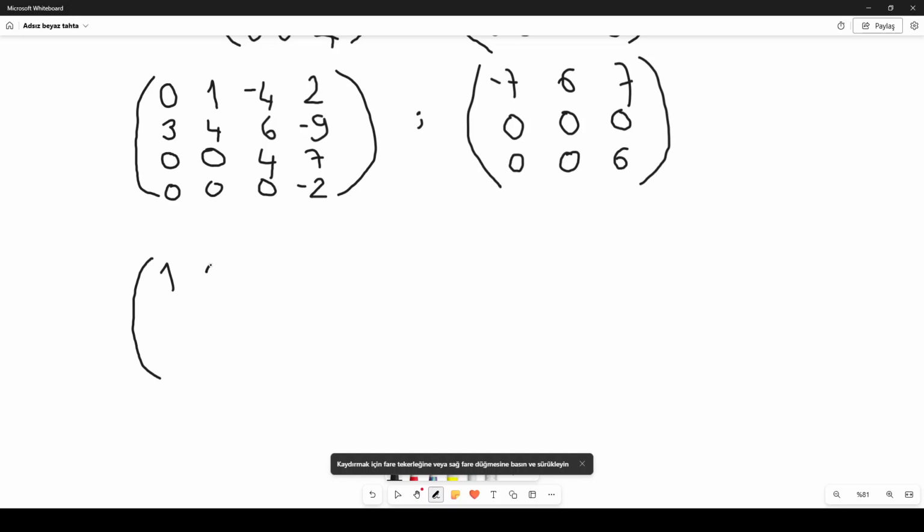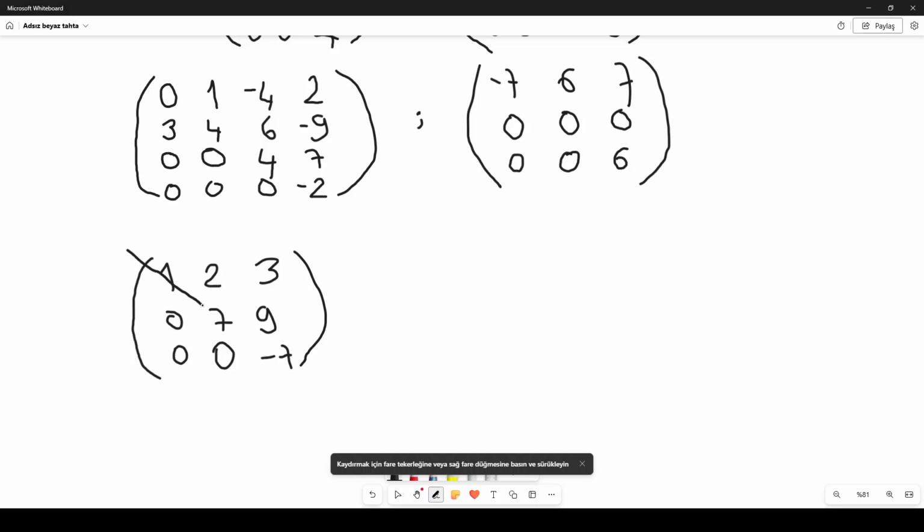For instance, a matrix like this, just make up some values, right? A matrix like this, as I wrote down here on the whiteboard, is called an upper triangular matrix.